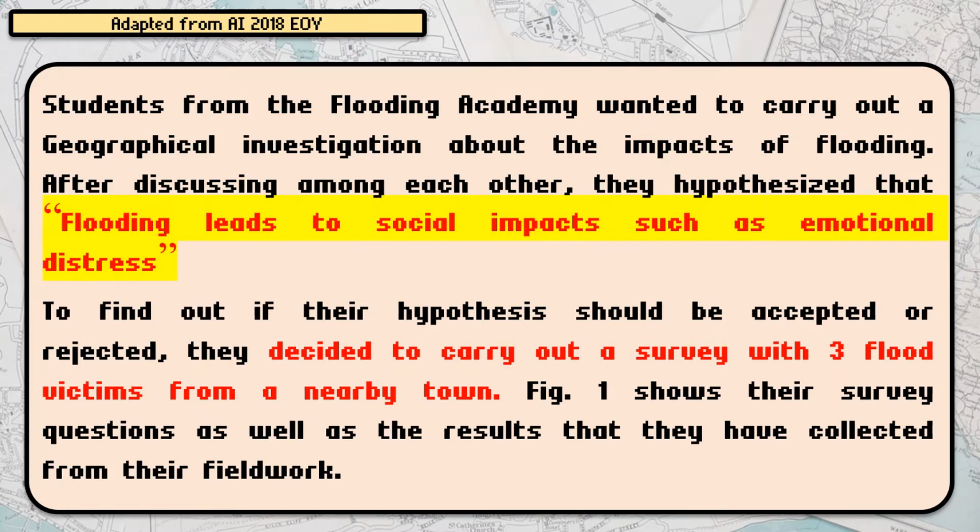Figure 1 shows their survey questions as well as the results that they collected from their fieldwork. This is an example of a story that you might see in your examinations. Over here you have information about what they did, how many people they interviewed or surveyed, as well as the hypothesis that they have.